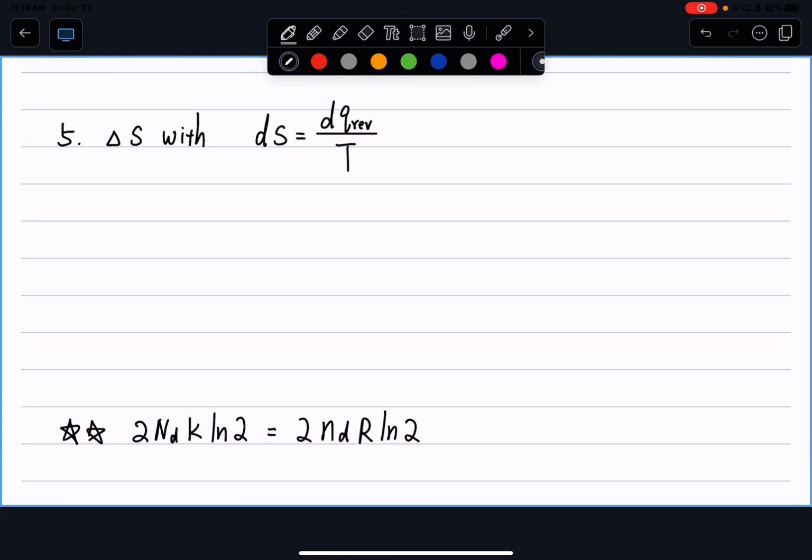Now we have delta S equals dQ_rev over T, or dS equals dQ_rev over T. And when we're talking about this irreversible mixing of two perfect gases at constant T and P, this is something we did in the last lecture.